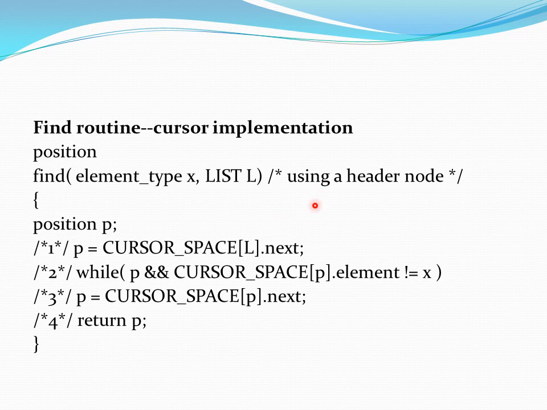If the element is not present, then the last element's next field contains the index value 0, so P equals 0, the while loop exits and it returns P. If it returns 0, the search element is not found. Otherwise, it returns the position of the element X.